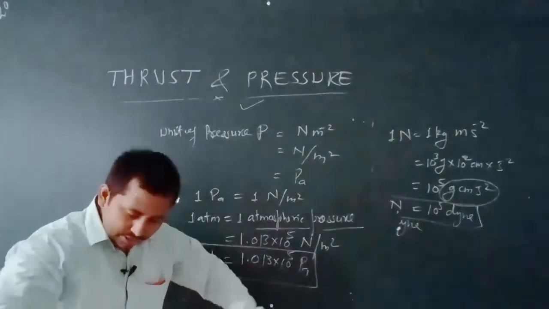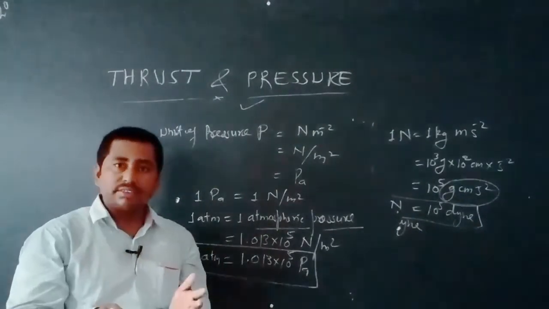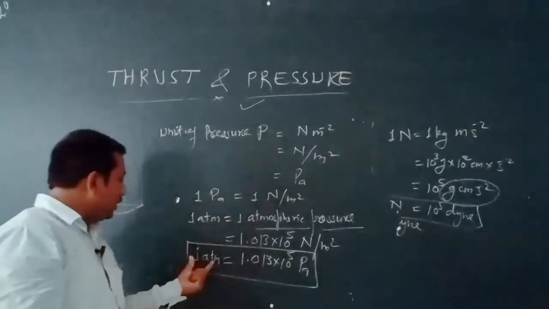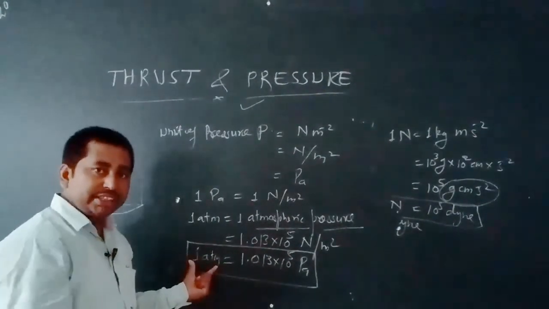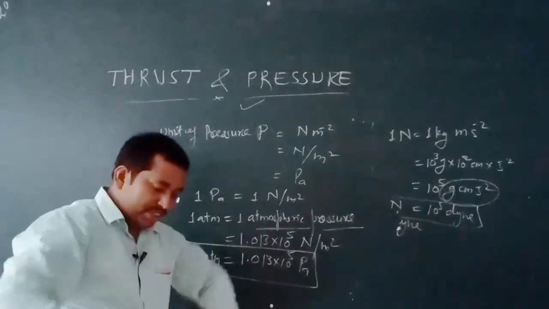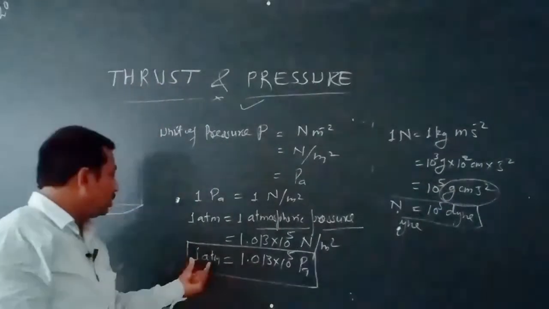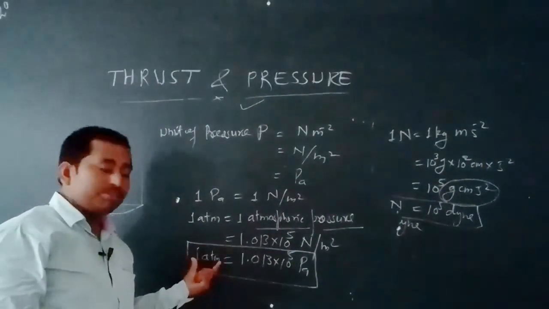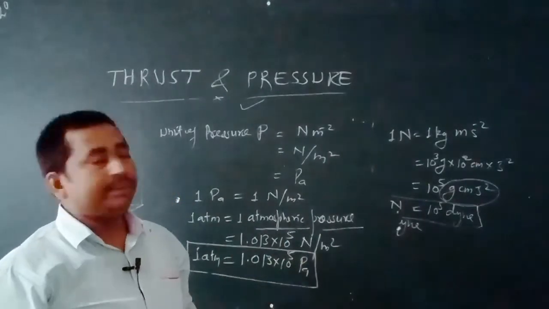Because the area is 1 meter square, the total weight, that is the total thrust, will be equal to 1 atm, the thrust per unit area. So the total air in 1 meter square area is the weight of the air column. This provides the concept of atm: 1 atm is equal to 1.013 into 10 to the power 5 Pascal.